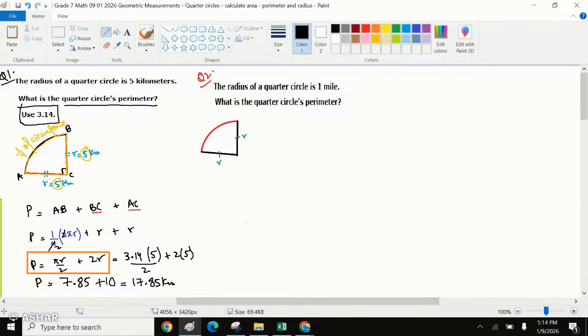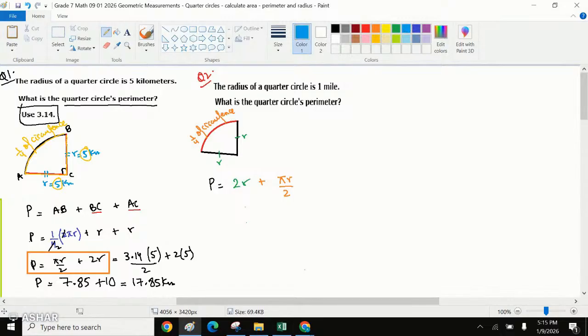In order to find the perimeter, we add all the sides together. That means 2 radius plus the part of the circumference. This is 1/4 of the circumference, which we already simplified over here. That perimeter is pi r upon 2.